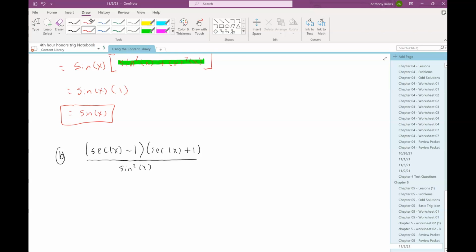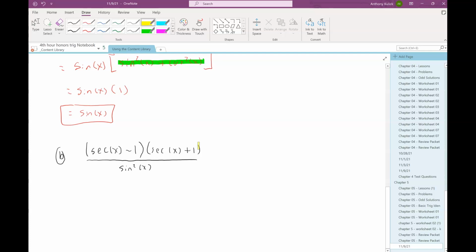Again, the first thing I typically look for is something algebraic. Is there any algebraic thing screaming at you? Amy? Can you take out each of the values in the numerator? Well, no, because you have this plus 1 and minus 1 rattling around in there, so there's not secants involved in all the parts there.